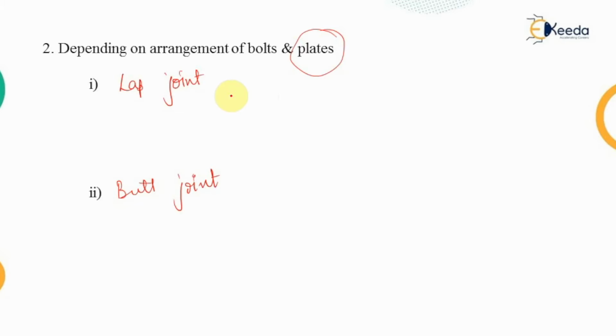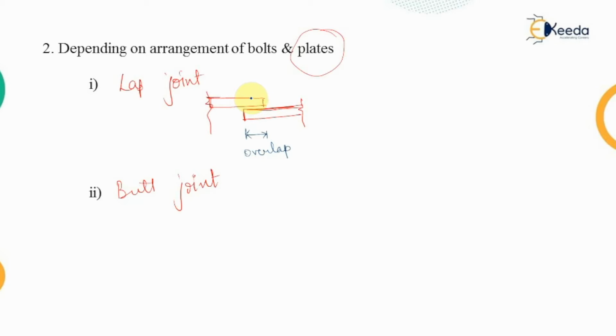So the lap joint means the two plates which are to be connected are to overlap each other. When we are providing the connection between the two plates or the two elements, they are overlapping each other. So this is the overlapping distance.